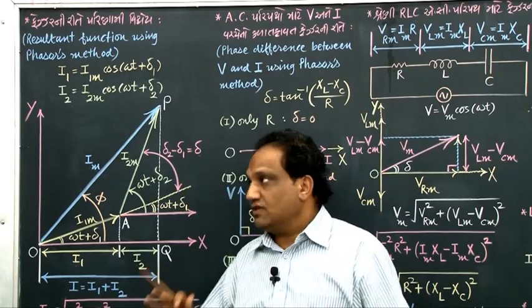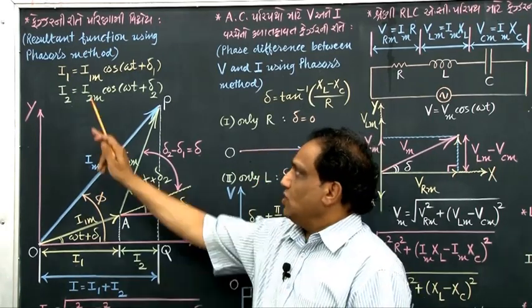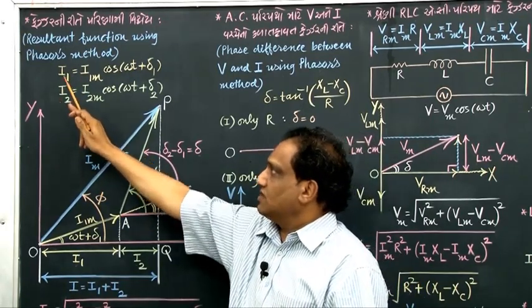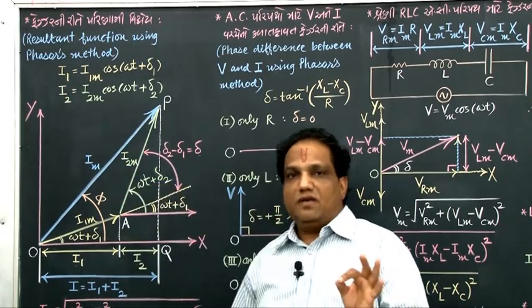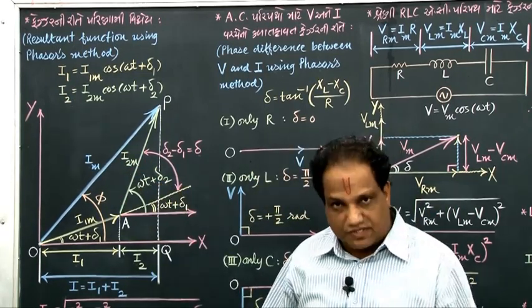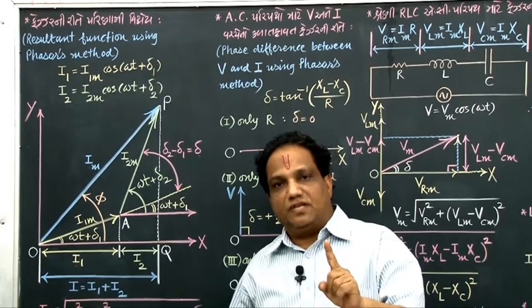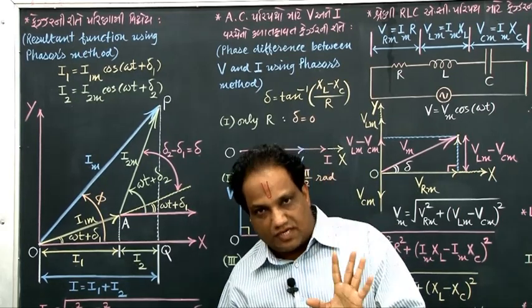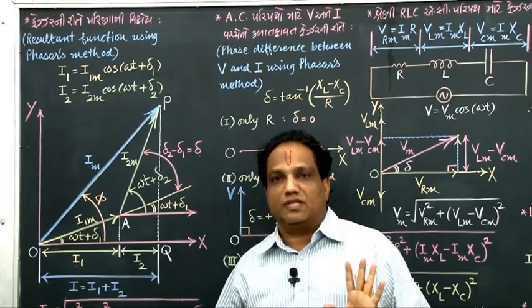Correct? First of all, you represent both the functions by respective phasors. You know, a phasor is a vector which represents harmonic oscillations.